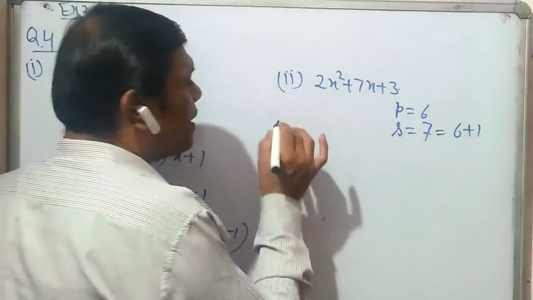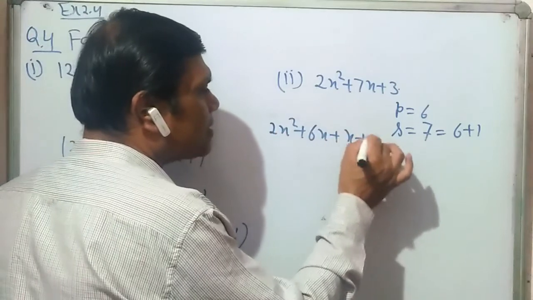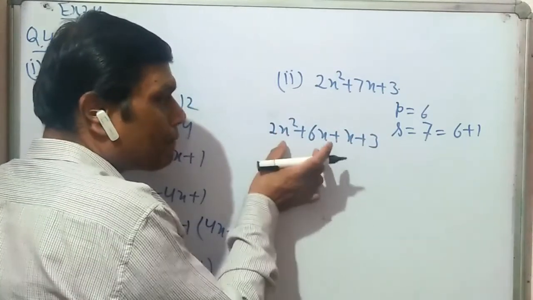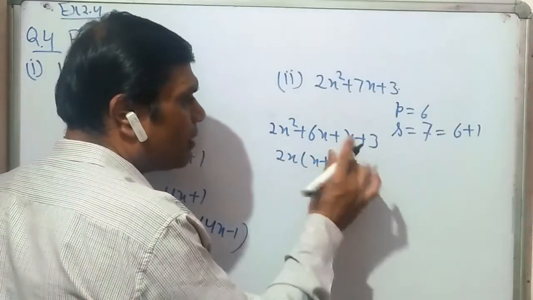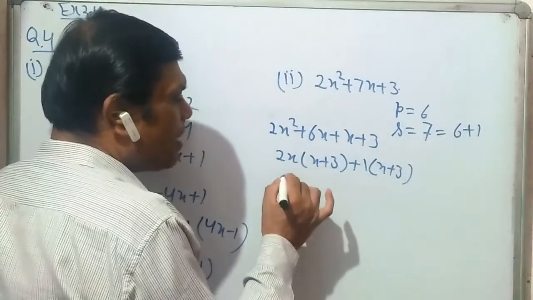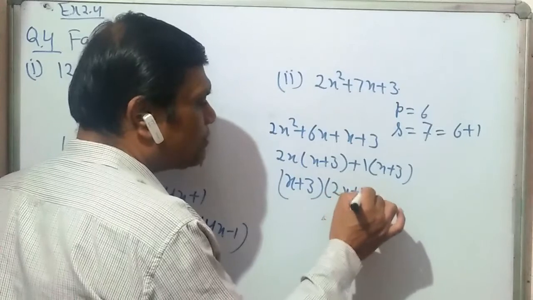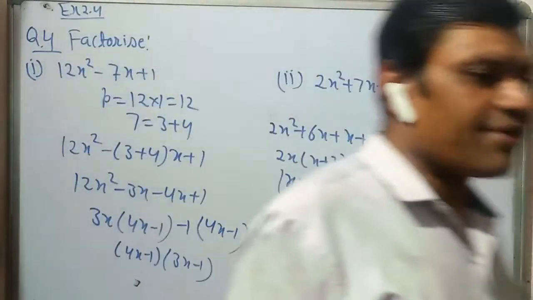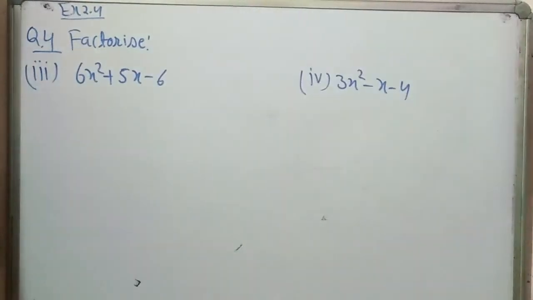So we can split it as 2x square plus 6x plus x plus 3. Take common 2x. We have x plus 3. Nothing is common, that is 1. So we have x plus 3 as one factor and 2x plus 1 as the second factor. So that's quite easy, splitting the middle term method.